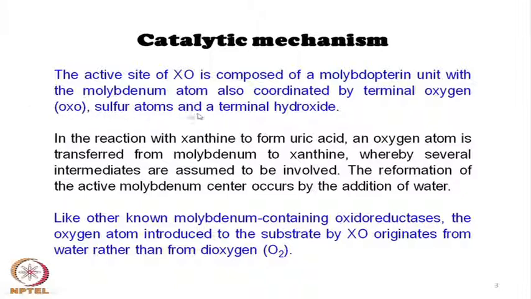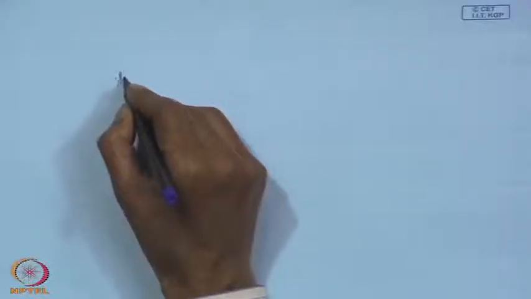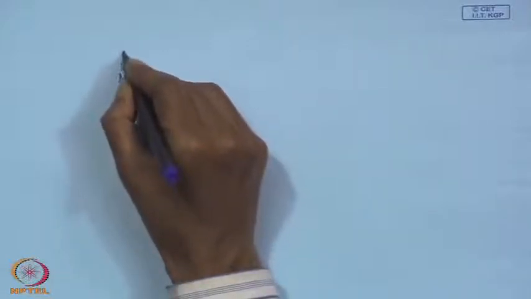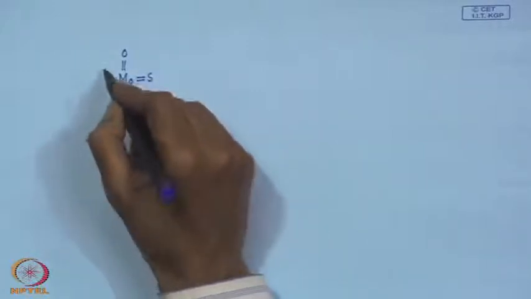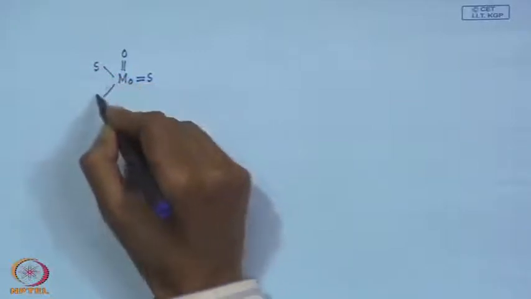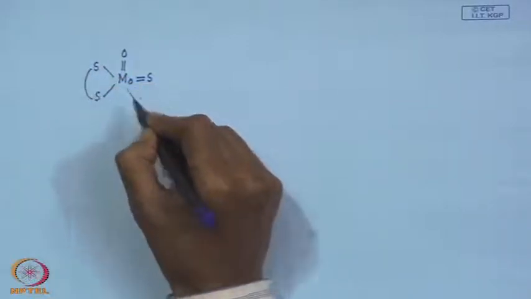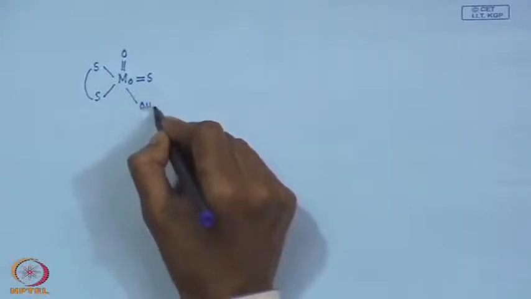Interestingly, it is important to note that this terminal hydroxide function can be generated very easily on the molybdenum center, which is bound to oxygen as well as sulfur, 2 sulfur from the pterin unit, and bound to a water molecule.